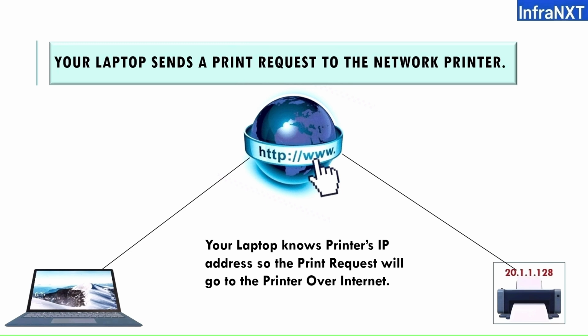Consider your printer IP address is 20.1.1.128 and you have already added the printer details to your laptop. The moment the laptop gives a print request, the print request travels all the way from the internet and reaches the printer and the print job takes place. And that's because the laptop knows the printer IP details.